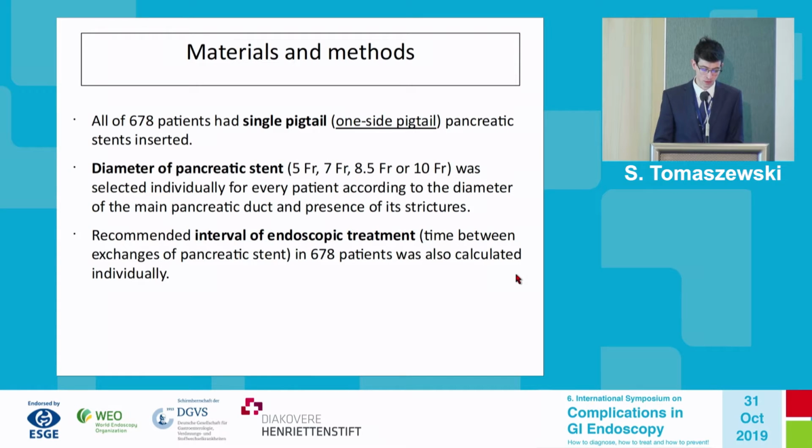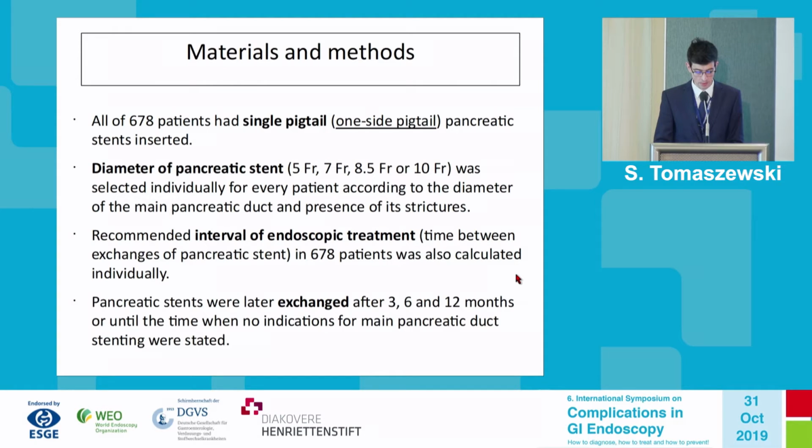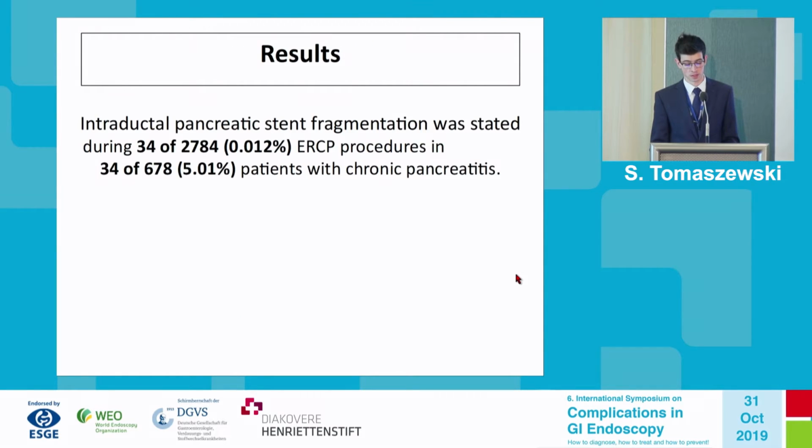The recommended interval of endoscopic treatment, the time between exchanges of the pancreatic stent, was also calculated individually. The stents were later exchanged after 3, 6, or 12 months, or until no indication for main pancreatic duct stenting was stated.